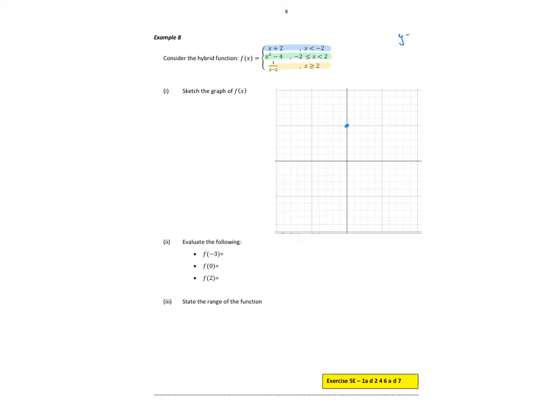So if y equals x plus 2, y-intercept is 2, put y equal to 0, x equals -2. Positive gradient, so that seems to make sense. So that's what it looks like. Now, I sketched this graph for x less than -2.